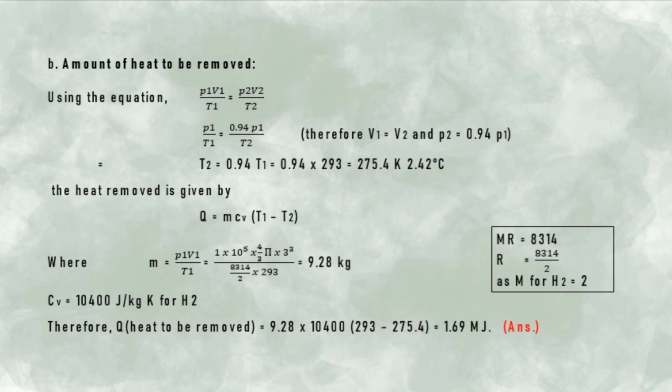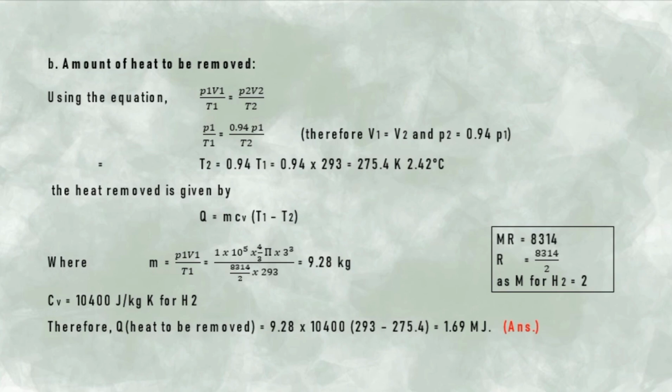The heat removed is given by heat equals mass times the specific heat multiplied by the initial temperature minus the final temperature, where the mass equals the initial pressure multiplied by the initial volume over the gas constant times the initial temperature.